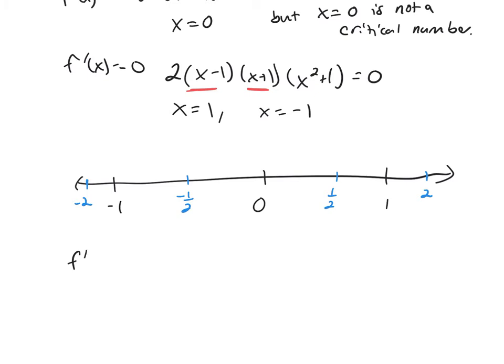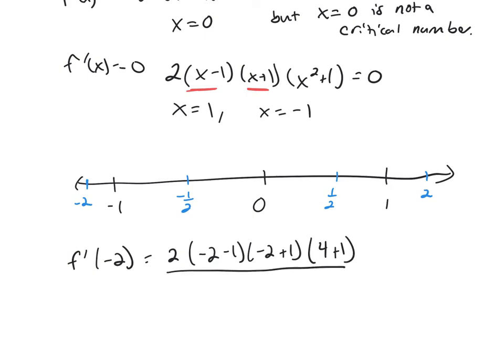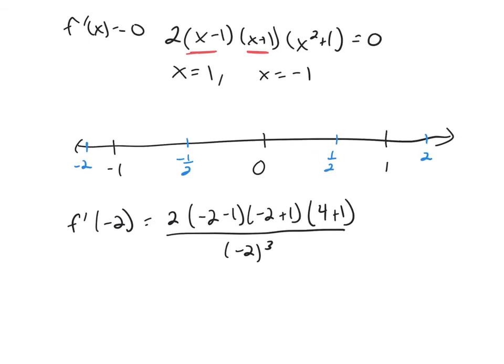So I'm just going to plug it into one of them. Let's just do one of these. Negative 2 times negative 2 minus 1, negative 2 plus 1, negative 2 squared would be 4 plus 1. And then it was over x cubed, so negative 2 cubed. So let's look at our sign here. The 2 is positive.